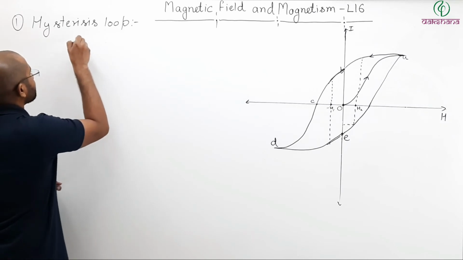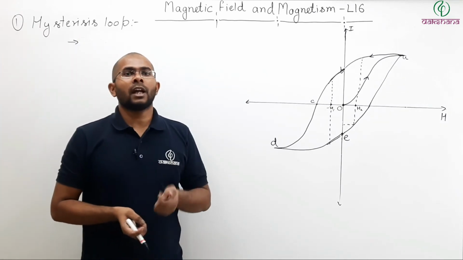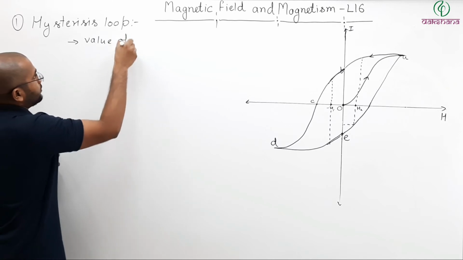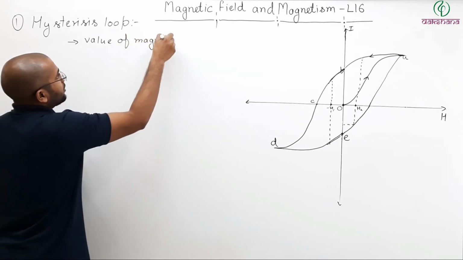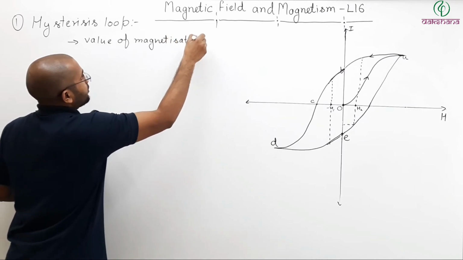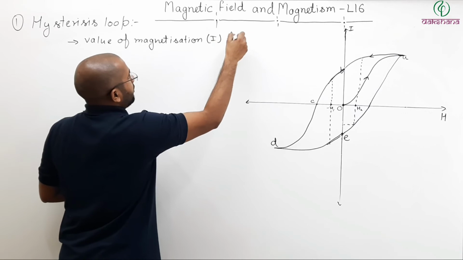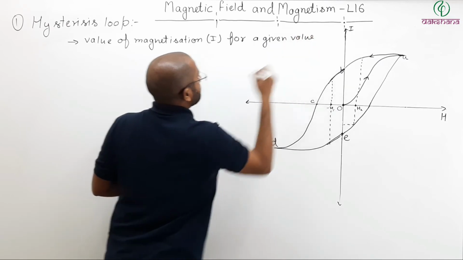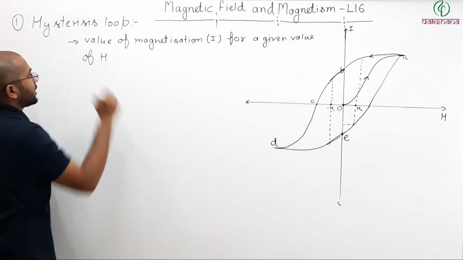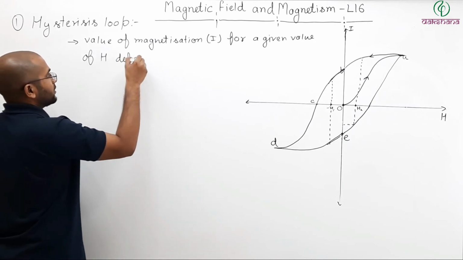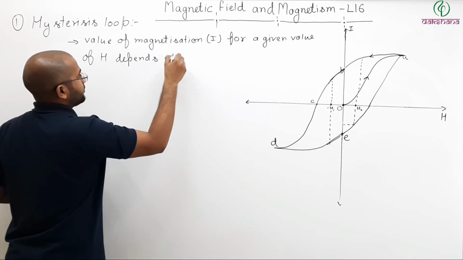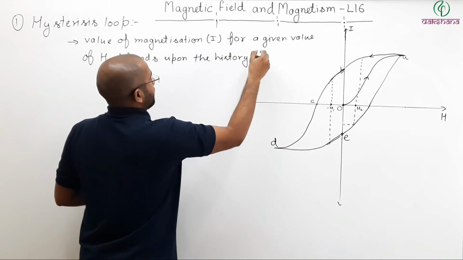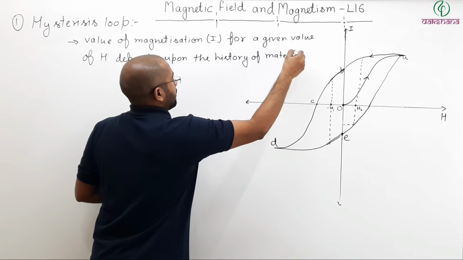So you can say that in case of ferromagnetic material, the value of magnetization, that is I, for a given value of magnetic intensity, that is H, depends upon the history of the material.